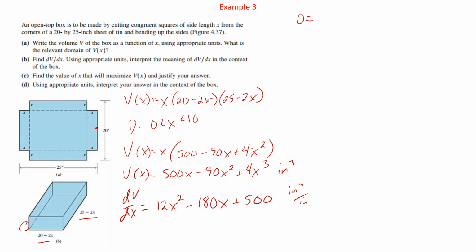Let's factor something out of this, shall we? Let's factor out a 4. Everything here is divisible by 4. So we're going to have 4, and that's going to leave a 3x squared minus 45x plus 125.